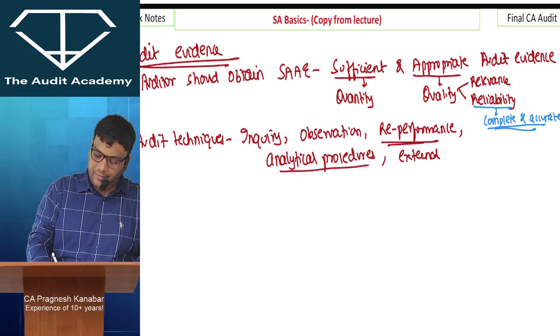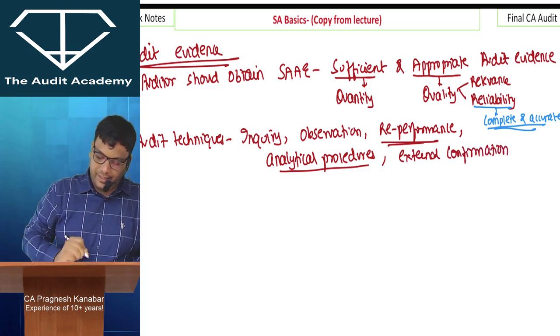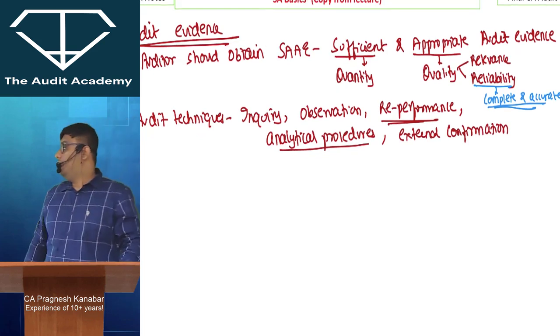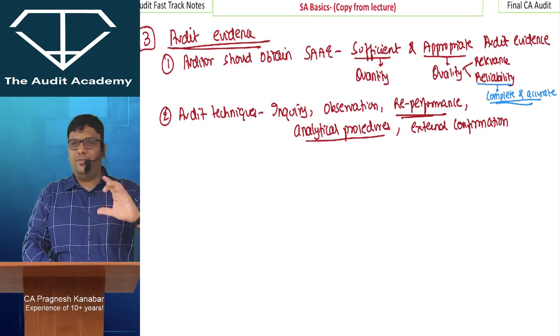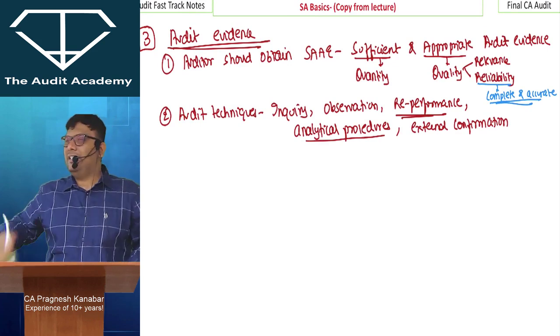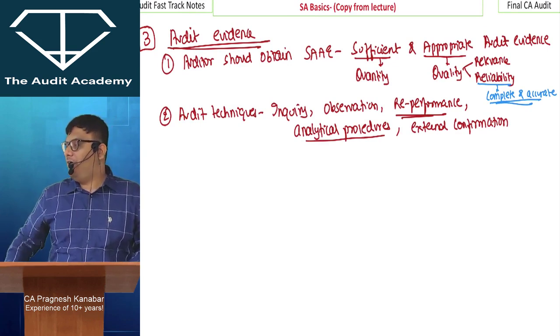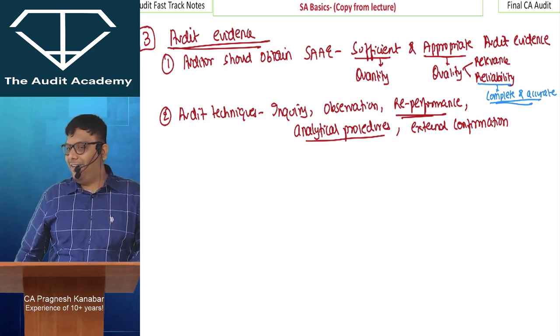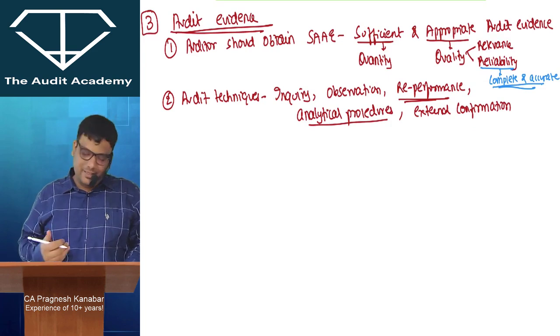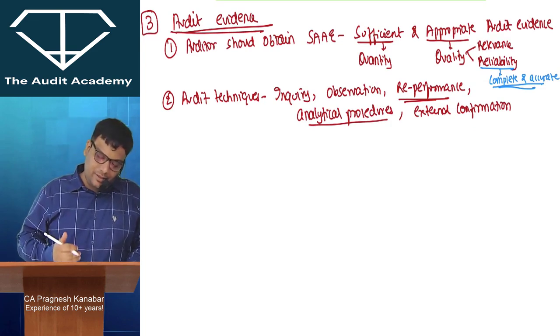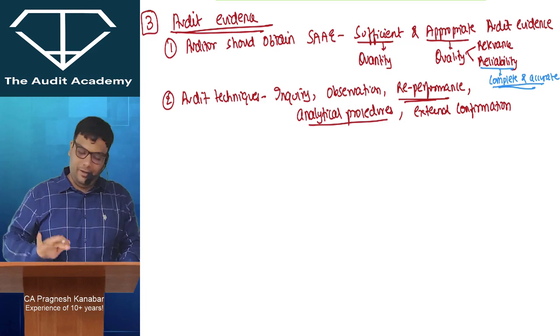I am just writing the main techniques. External confirmation, third party confirmation. Rather than writing check whether in every line, if you use inspect, inquire, observe, it adds a good quality layer to your answer.